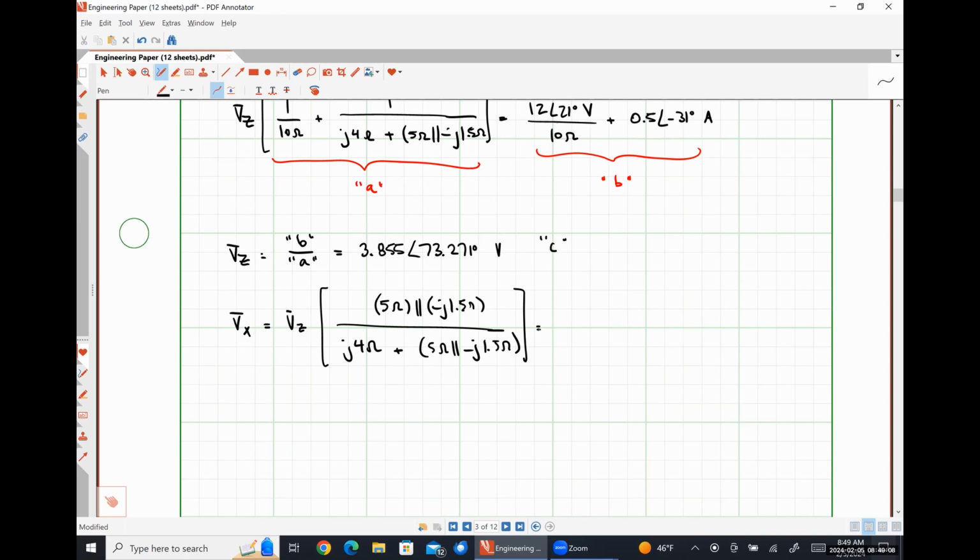So what I have stored as C times what I have stored as X over 4I plus X. Now I got 2.085 with an angle of negative 81.088 volts.